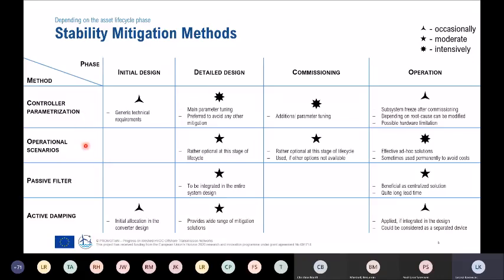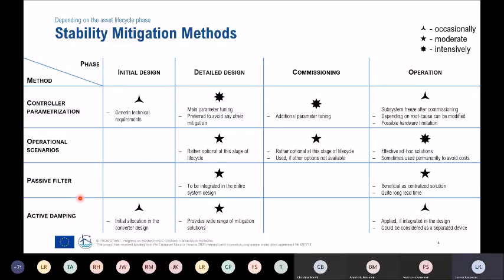Another one is related to changes of the operational scenarios, topology changes of the system. The third one is some kind of hardware reinforcement on the power system level by means of passive filtering to improve the damping, and of course active reinforcement of the damping in the system.